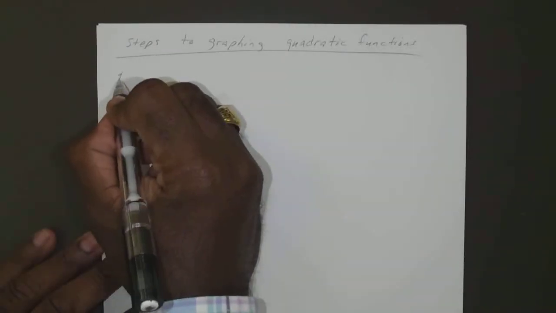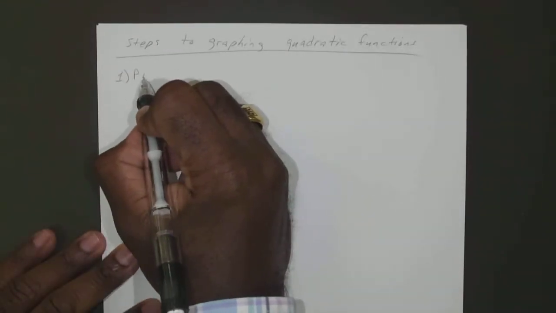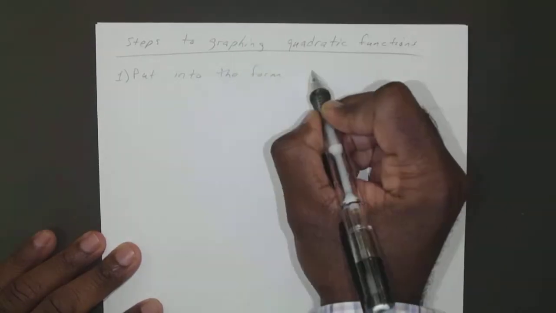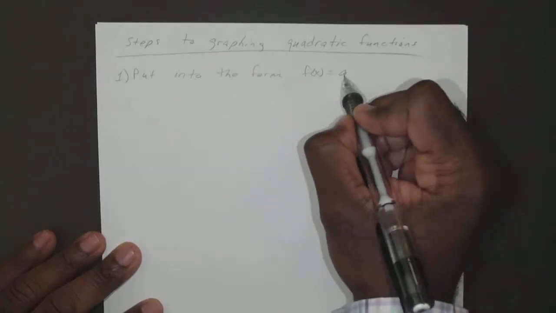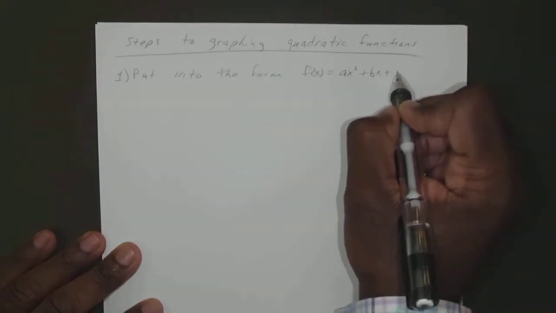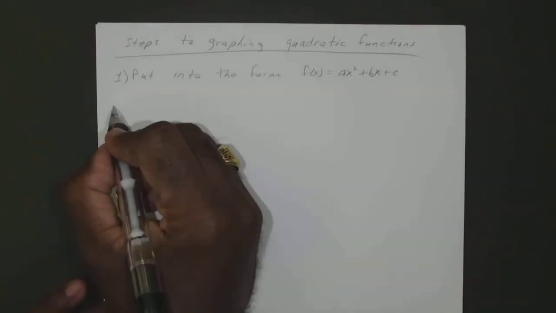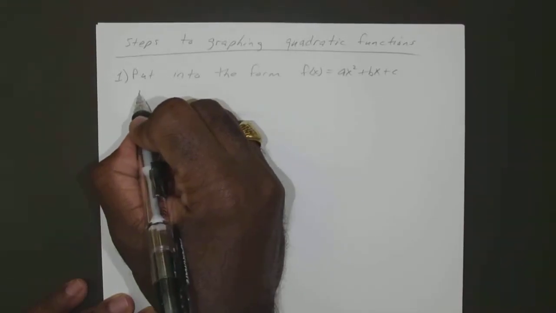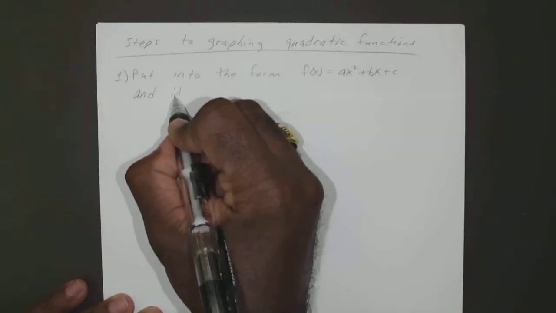The first thing you want to do is have it in quadratic form, so f of x is equal to ax squared plus bx plus c. In most cases, it'll already be in that form, but every once in a while, they'll change it up. And when you do that, you want to identify your a, b, and c.